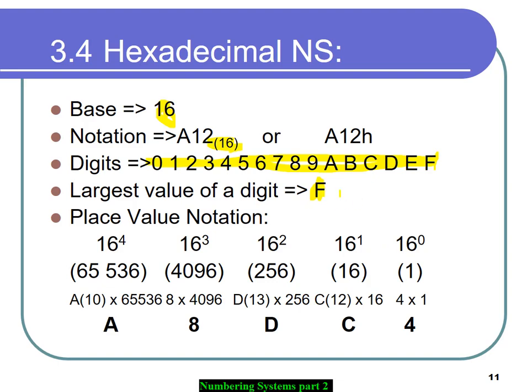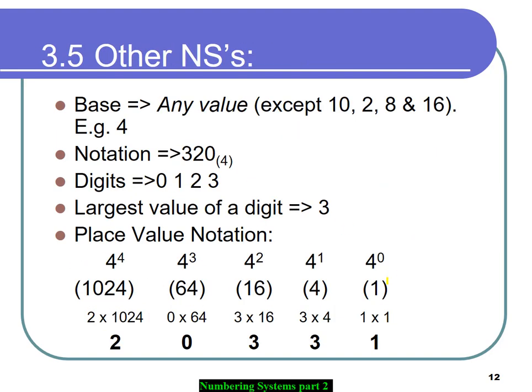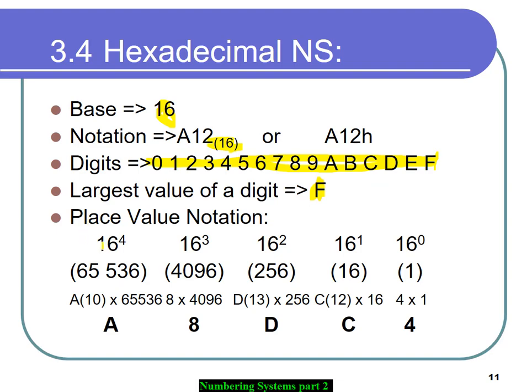We'll explain later on how we get to F, because if you convert F, you get 15. 15 is your decimal number of F, and 15 would then be all the ones, right? So if you look at this number here and you had to convert this to decimal or binary, this is how you would do the conversion.